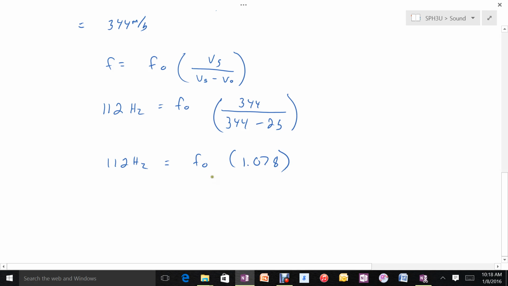And so dividing both sides by that factor of 1.078, that's the factor that represents how much the frequency was changed due to the motion, the original frequency must have been 104 hertz.